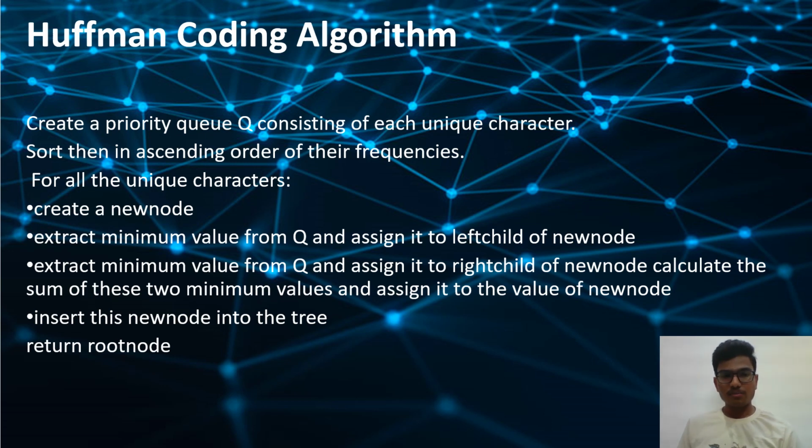Then we extract the minimum value from the priority queue and assign it to the left child of the newly created node. Then we extract the minimum value from the priority queue and assign it to the right child of the new node. Then we calculate the sum of these two minimum values and assign it as the value of the new node. Then we insert this new node into the tree, and the tree will be returned as an output.